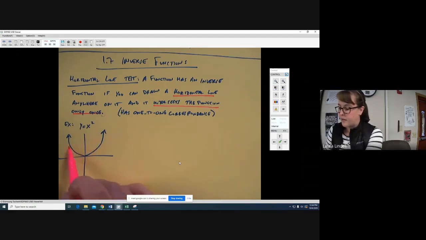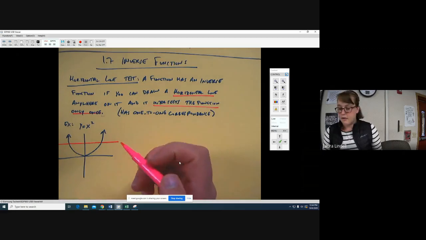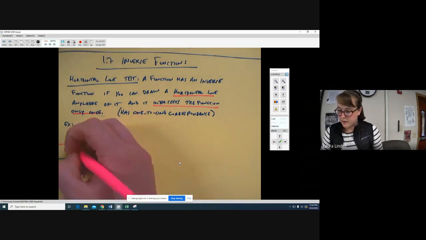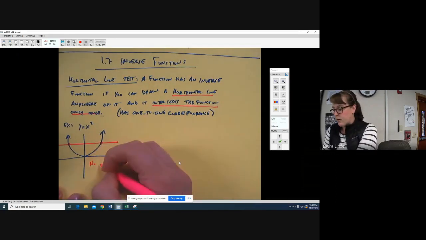Well, probably not, because I can draw a line right there. I can draw a line through there and cross the function twice. In fact, you can draw a line through just about anywhere horizontally on this function and intersect the function more than once. So that just tells us that this has no inverse function.